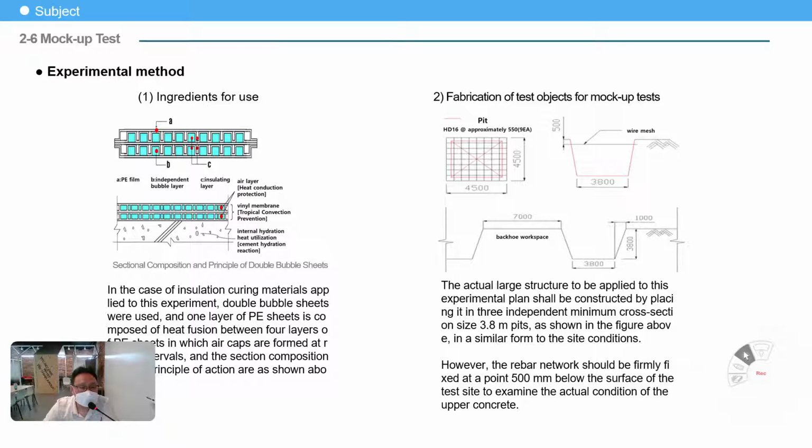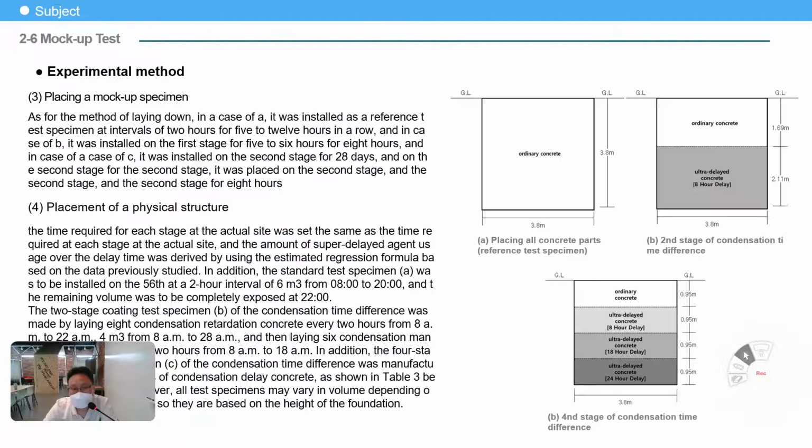The left picture shows the section composition and principle of the double bubble sheet. And this picture shows placing all concrete parts, and 2 and 4 stage placing with the condensation time difference.